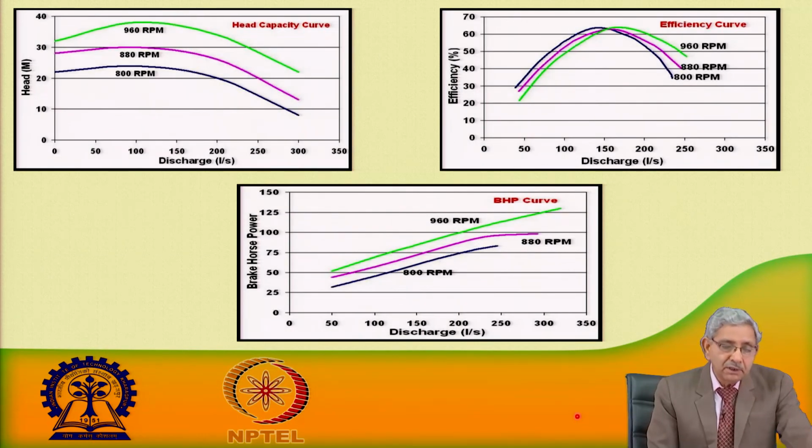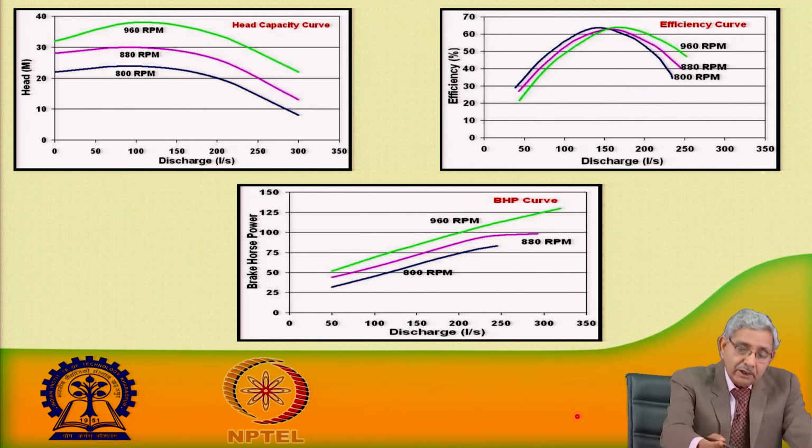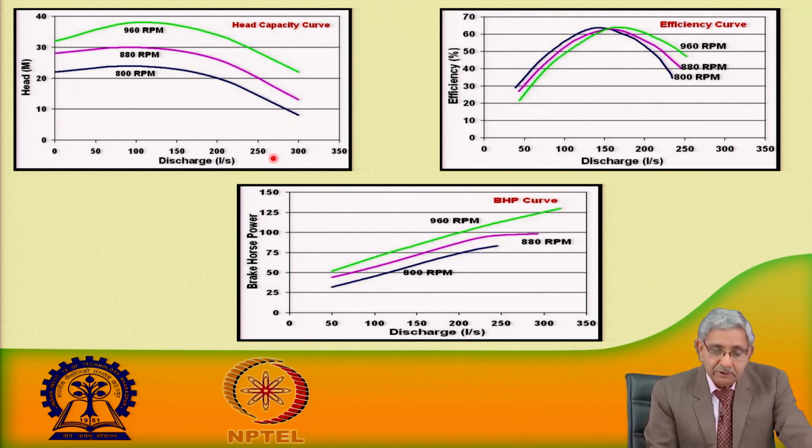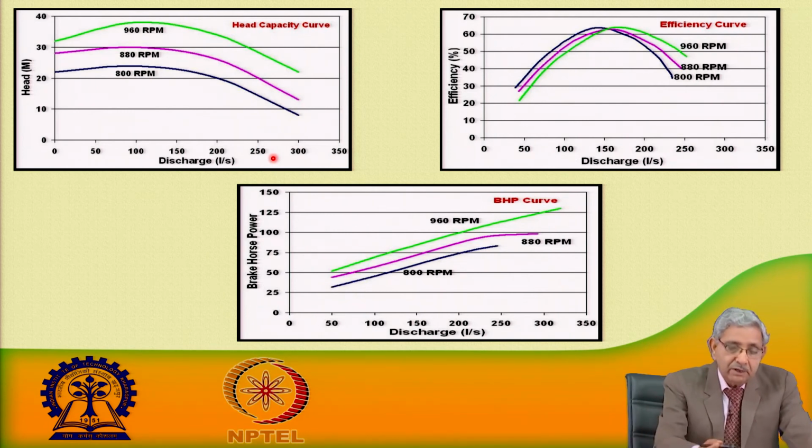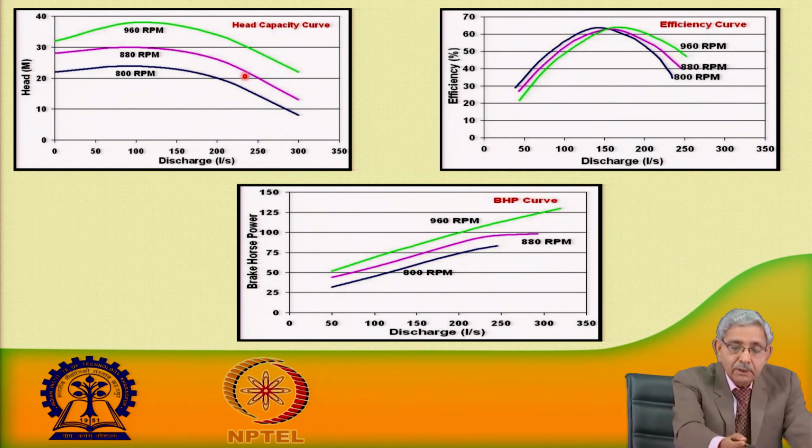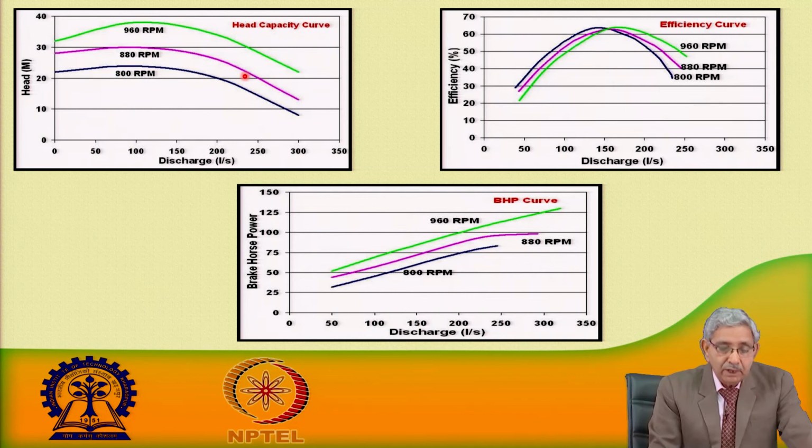Now, we can see here the different curves. In the head capacity curve, the capacity, which is practically the discharge, is plotted on the x axis and the head on the y axis. For different speeds, the head capacity curve looks like this.